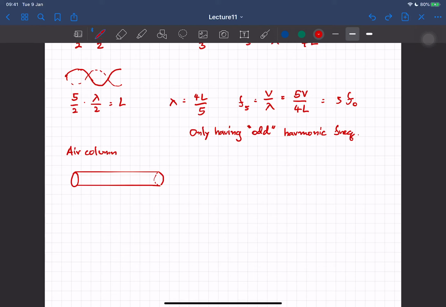And the physics is the same in the sense that the length of the tube is finite, meaning it's not infinitely long, so there has to be something happening at the end, right? And how do we describe that? Well, remember, sound wave can be described using the pressure wave.